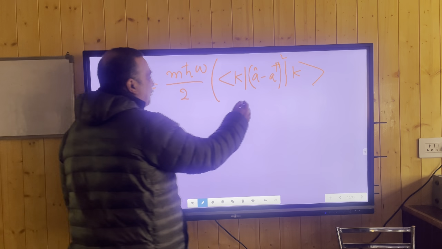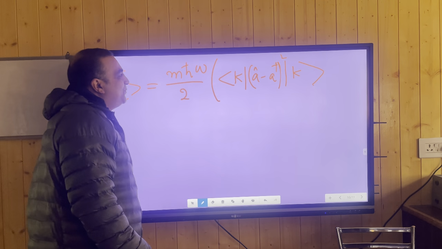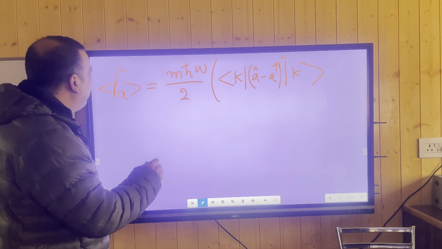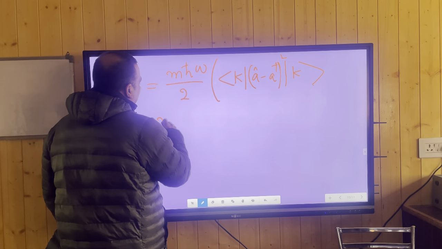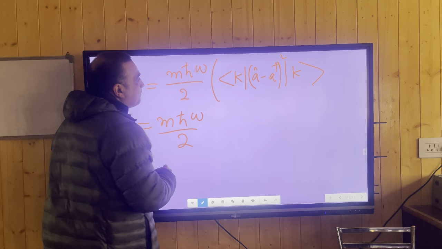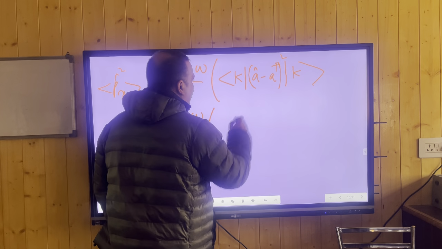Obviously you will have a minus b whole square, but you have to keep in mind the order of that multiplication. That will lead us to m h bar omega by 2, and here you will have 4 terms.